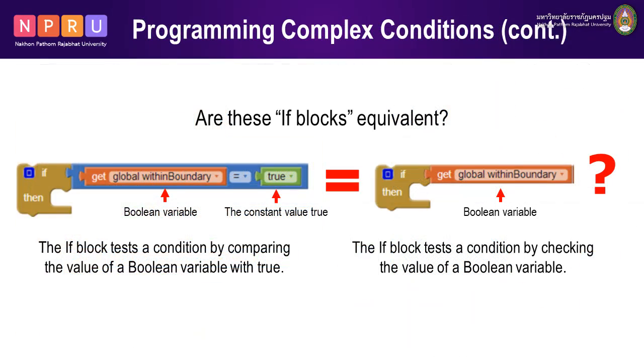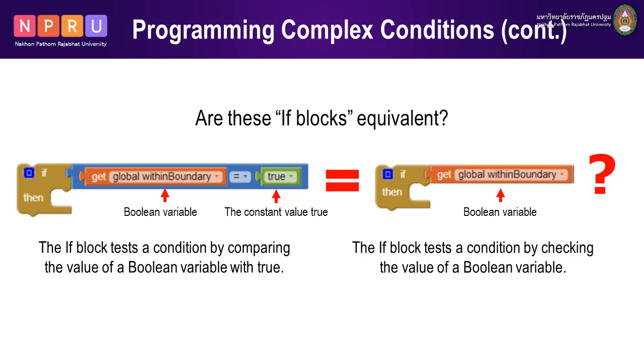One last note on Boolean variables. Take a closer look at the two if tests in the figure. Are they equivalent? The answer is yes. The other difference is that the test on the right is actually the more sophisticated way of asking the question. The test on the left compares the value of the Boolean variable with true.